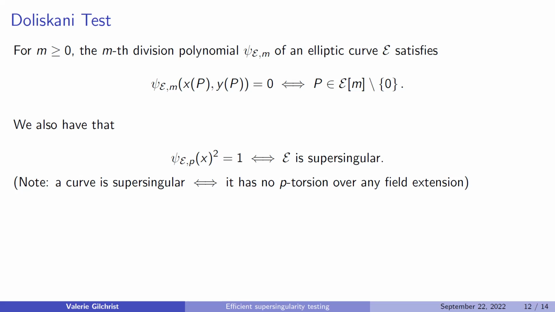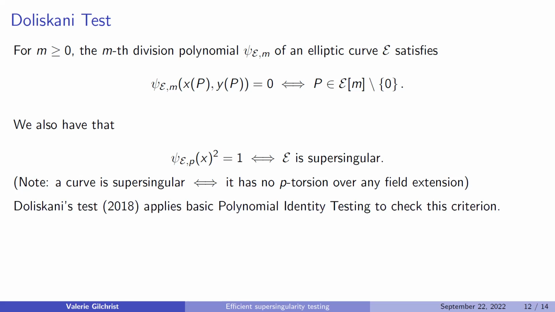So Isogeny develops this supersingularity test that basically checks whether the pth division polynomial is going to be a constant polynomial or not. If it's a constant polynomial, there are no roots, meaning there's no point that would make this polynomial 0, in which case we're necessarily supersingular. How he does this is he applies something called basic polynomial identity testing.